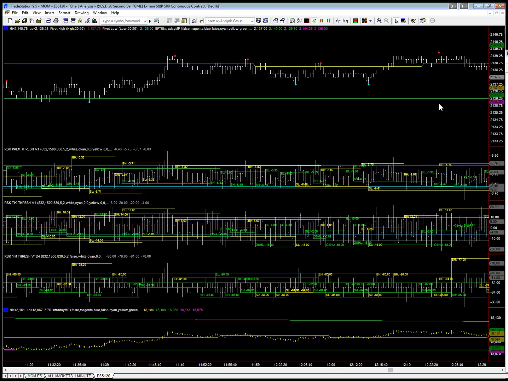So we're just a little bit below there. Just a little bit below. But now the ticky moves up, and in just a couple of bars, we get a significant bar moving up. In fact, the highest level on the YM since the last hour.